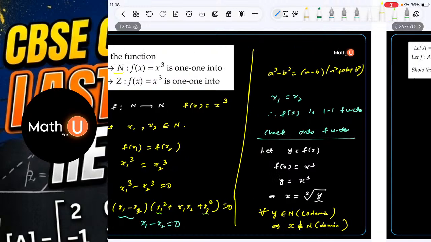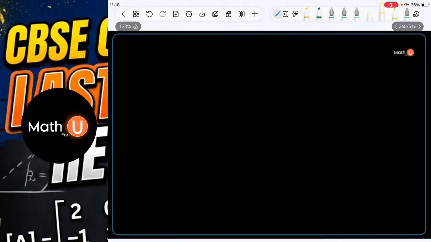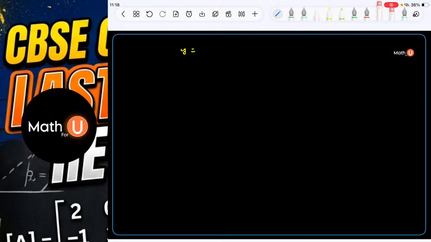Why? Because, for example, you can consider any example, no problem. If you consider y equal to 5, this belongs to natural numbers, but x is equal to cube root of 5 does not belong to the natural number domain. It is in the codomain.